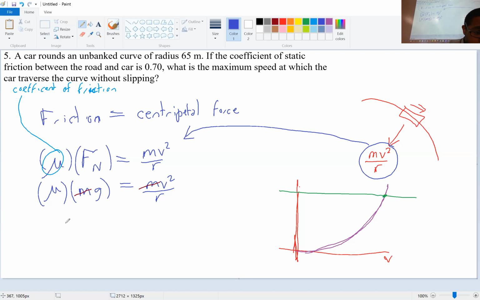Let me go ahead and plug in the numbers. We've got the coefficient of friction being 0.70 times 9.8. We're looking for velocity, so I don't really have that. For radius, to save some time, I'm going to multiply both sides by r just to get rid of this on the bottom.